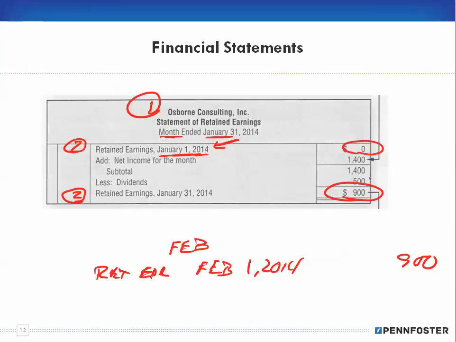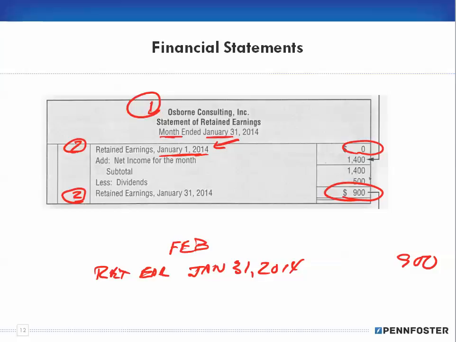The author in the previous exercises would not use February 1st as the date. He would actually use the date January 31st, 2014 as the beginning date.